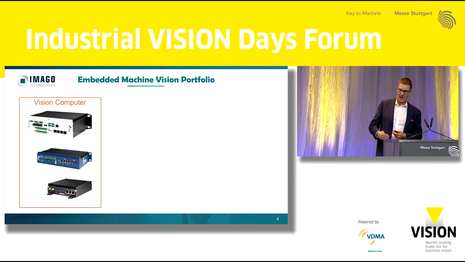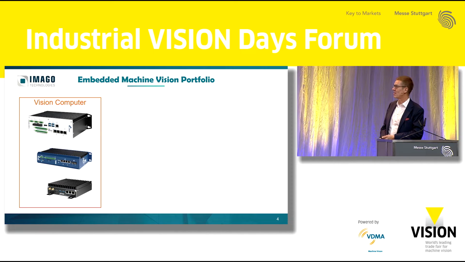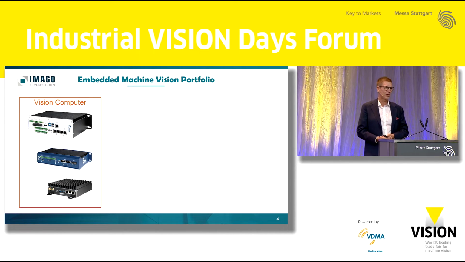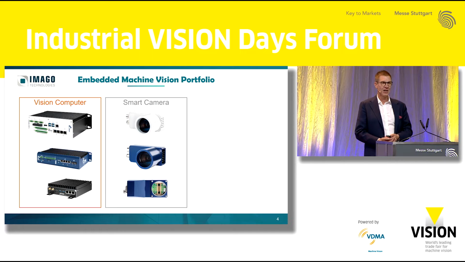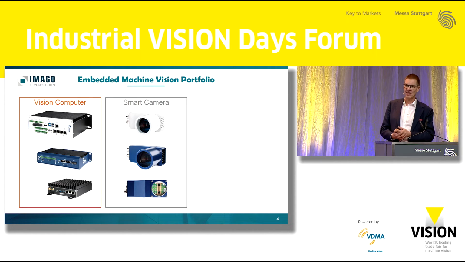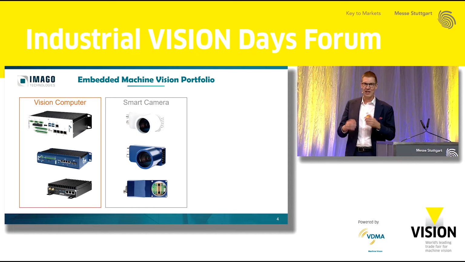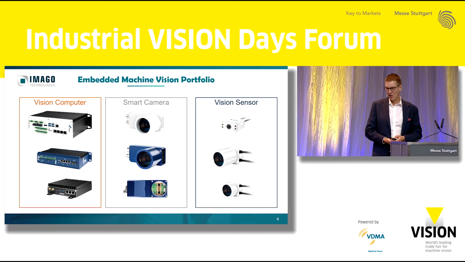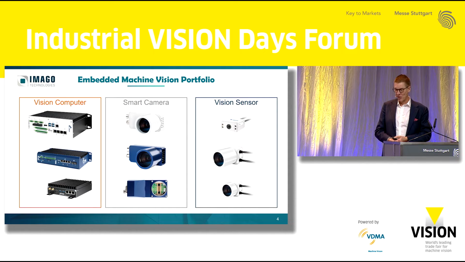The color of the label defines different types of CPUs inside, from Intel x86 and multi-core ARM up to today's combination of a CPU and GPU. And if it looks like a camera, for us it's still a vision computer. A smart camera basically has a Linux vision computer inside, with multi-core CPUs. And if it becomes smaller, we call it a vision sensor. So that is our portfolio.